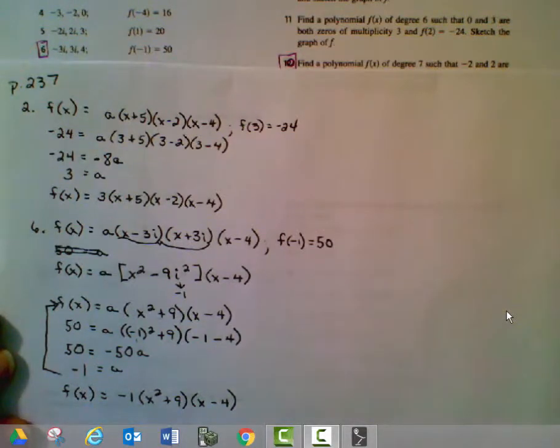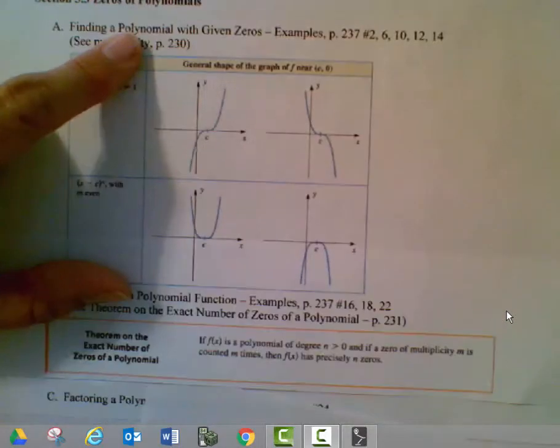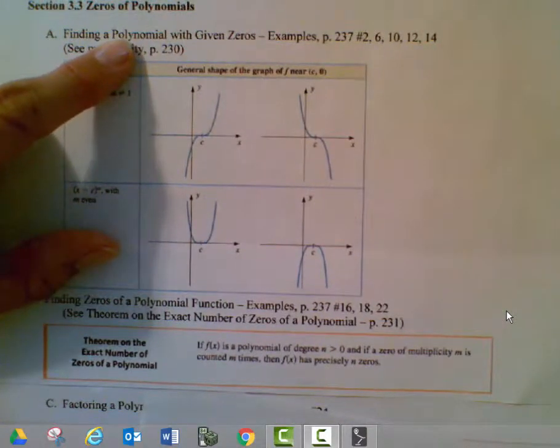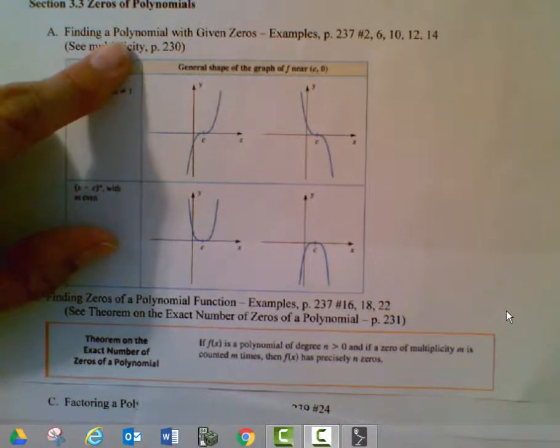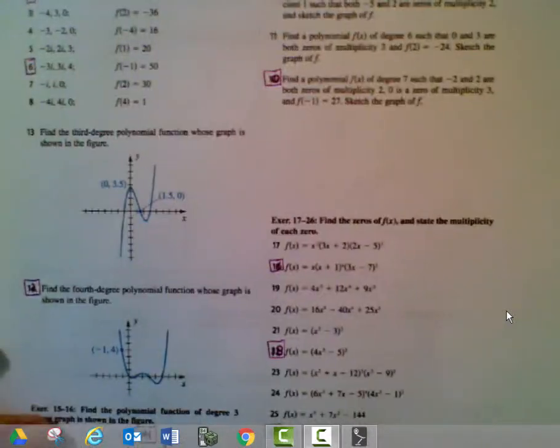All right. We have two other problems that say find a polynomial with given zeros, but actually we have three. But in these next examples, we're not just looking for a third-degree polynomial.